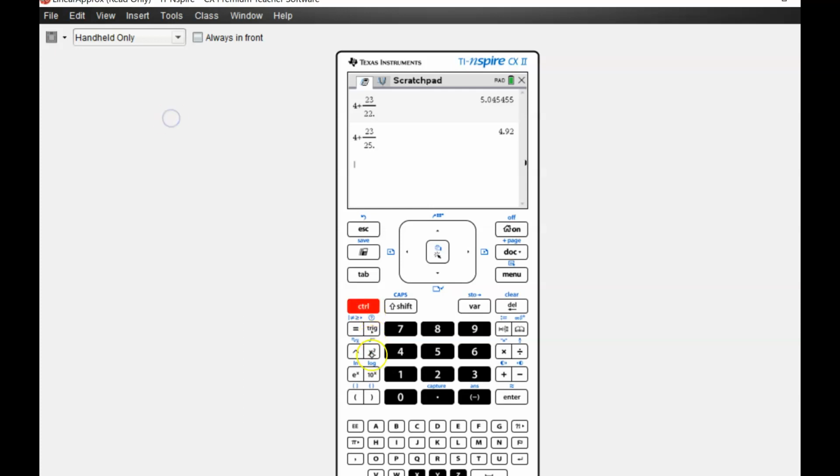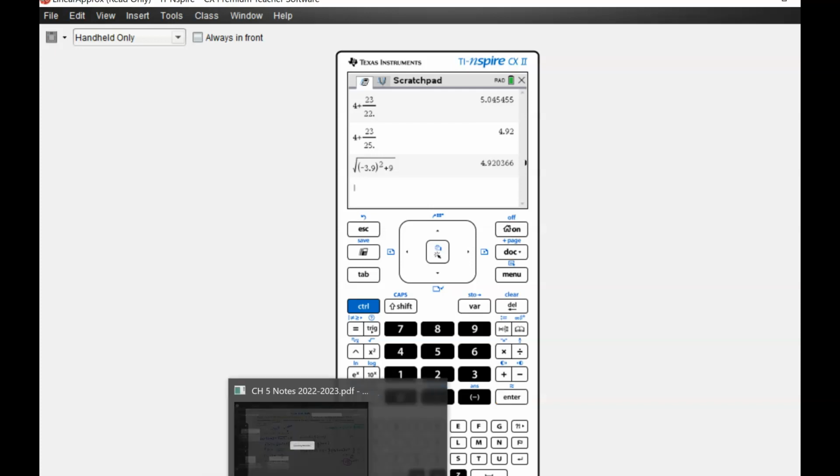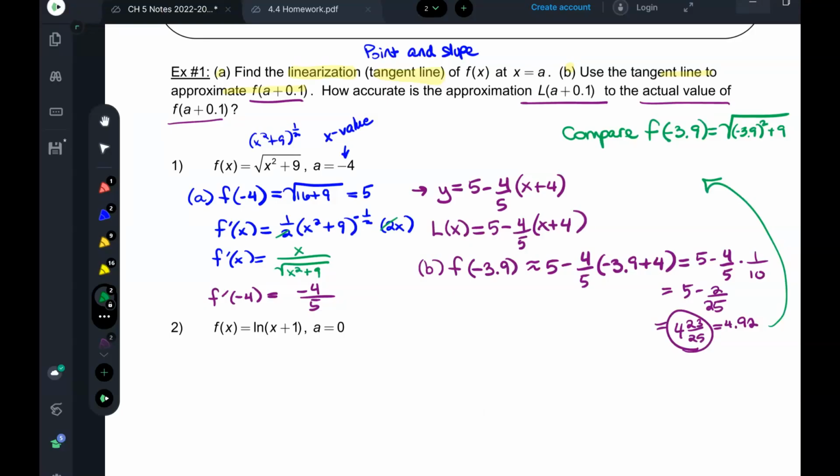So I have the square root of -3.9 squared plus 9, I get 4.920366. That is pretty close. So using this tangent line approximation will get us within very high accuracy. So we got here 4.920366. So within actually the 10,000th, that's how close that we got to that value.